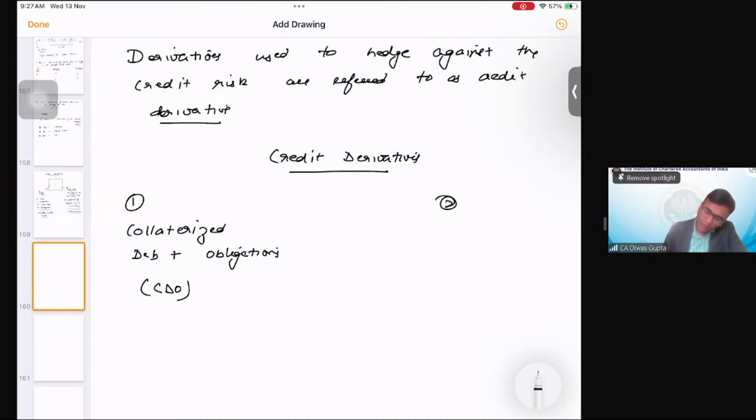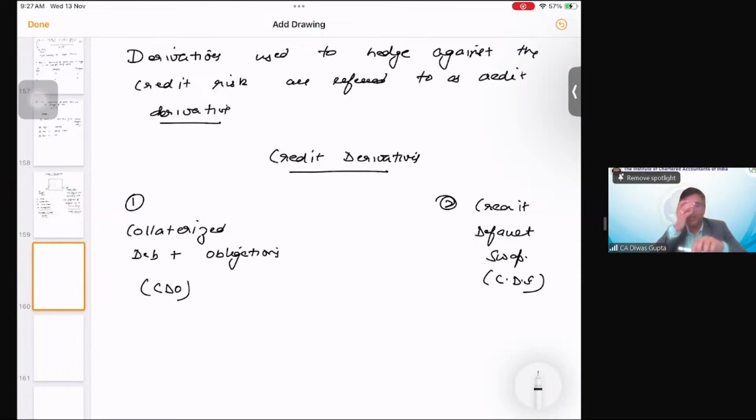Second is credit default swap, CDS. So collateralized debt obligations, which is CDO, and credit default swap, which is CDS. So we will build our understanding around these two topics.